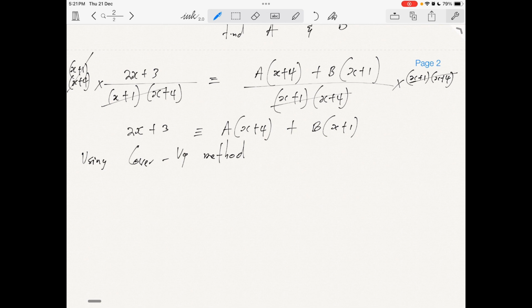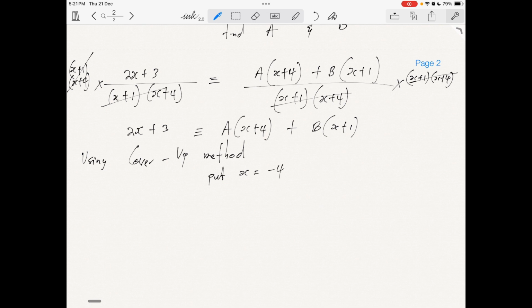So the question is, what will be the value of x that will make this whole thing turn to 0, or what will be the value of x that will make this whole thing turn to 0. So if we put x to be equals to -4, right?